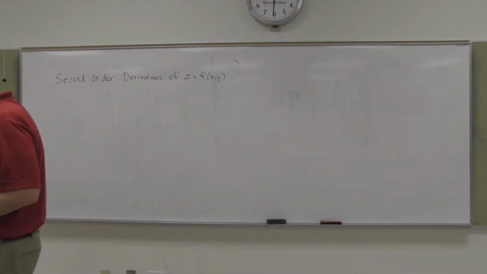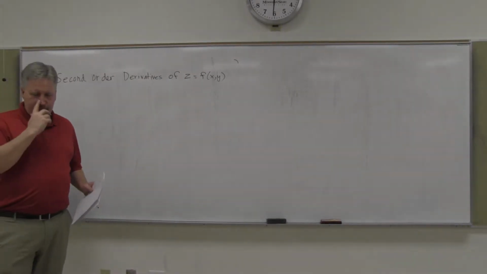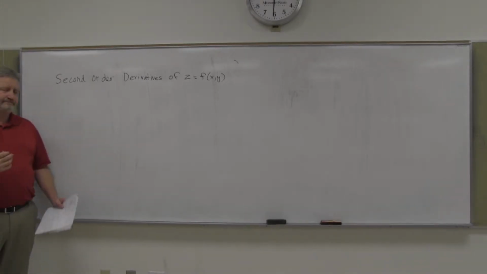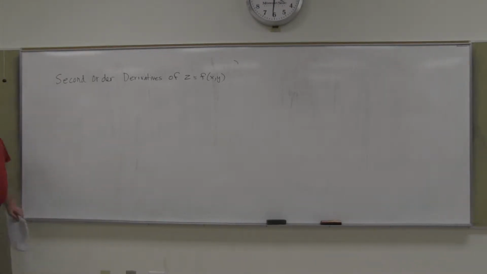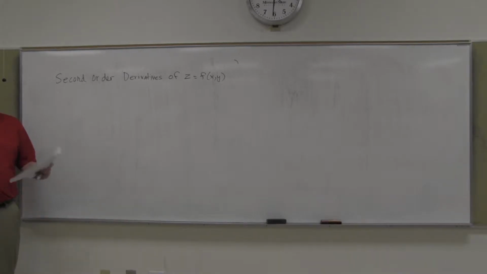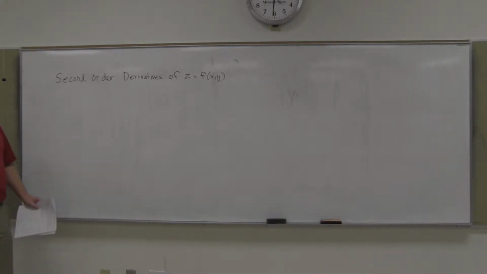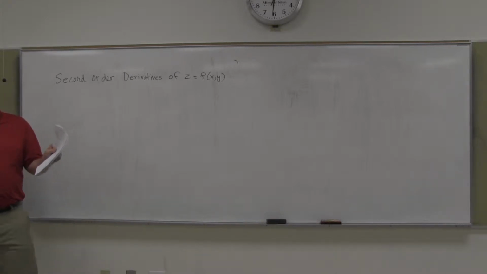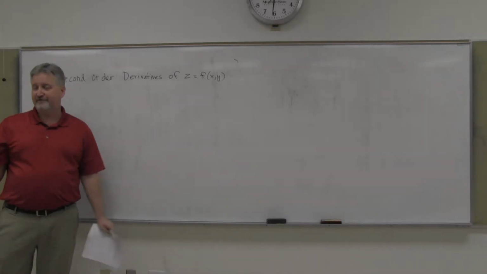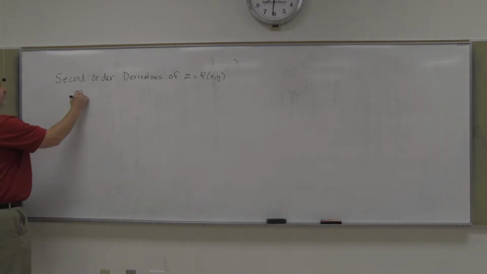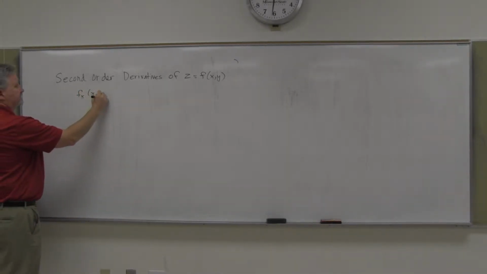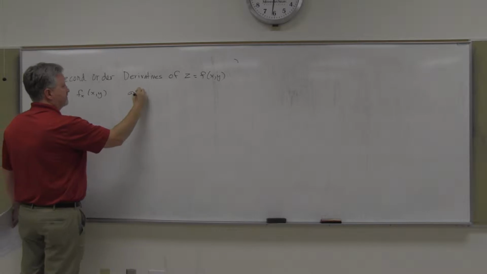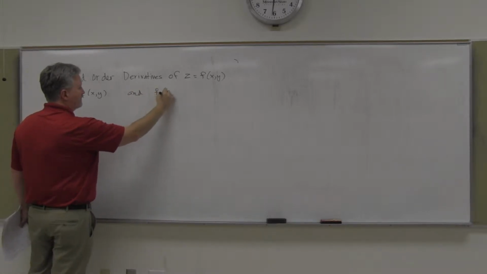Okay, so when we go to compute a second derivative on a two-variable function, things get a little more complicated. The second derivative comes off the first derivative, so that automatically complicates it, because we've got two first derivatives: the partial of f with respect to x, and the partial of f with respect to y.